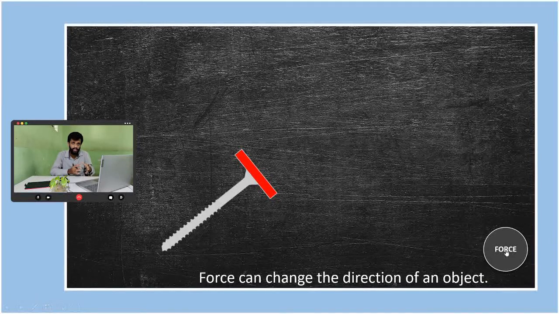So force can change the direction of an object. Another example would be maybe when you are playing football, someone passes the ball to you and you kick it to someone else, or it hits the goal post, and it moves in a different direction. So force can change the direction of an object.